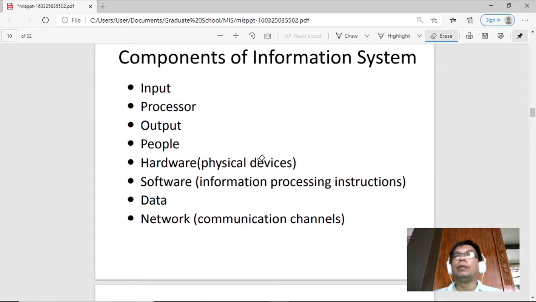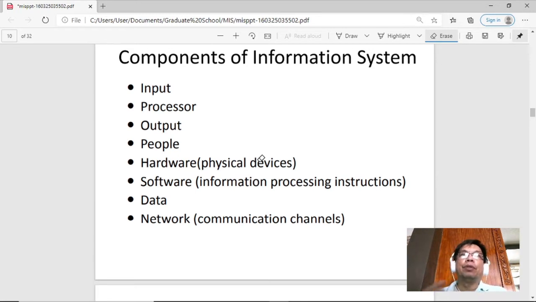Then the people, those that are involved in the information system. Then we have the hardware, the physical devices, the input devices, the software, the program itself, and then the data. And since most hardware now are linked, then we also have the network.